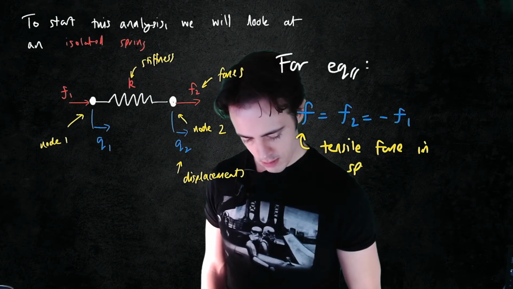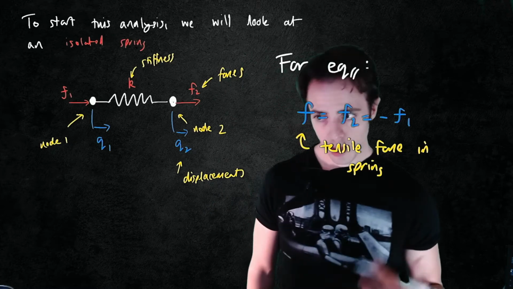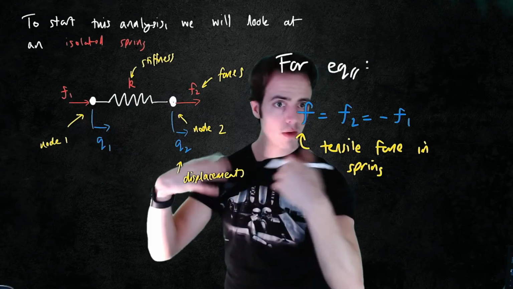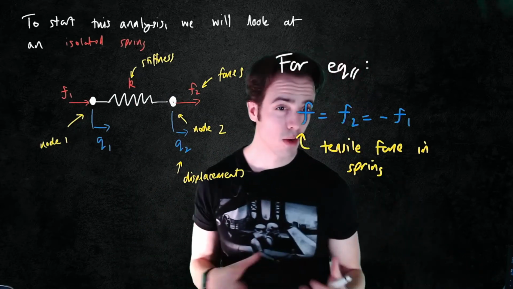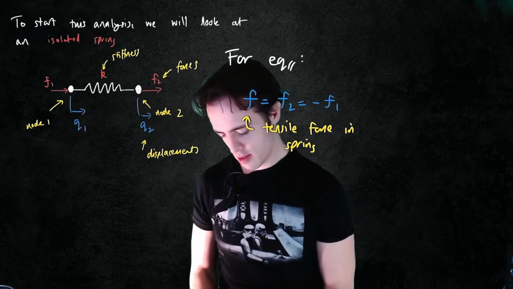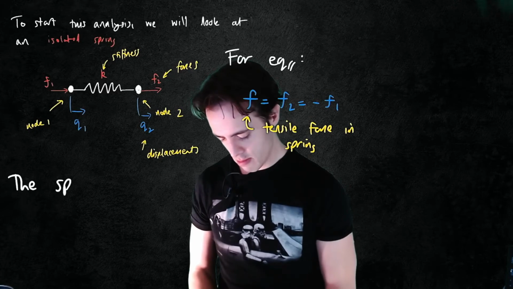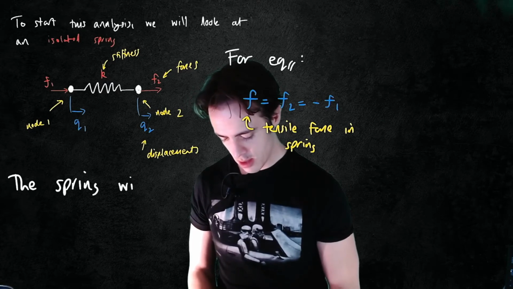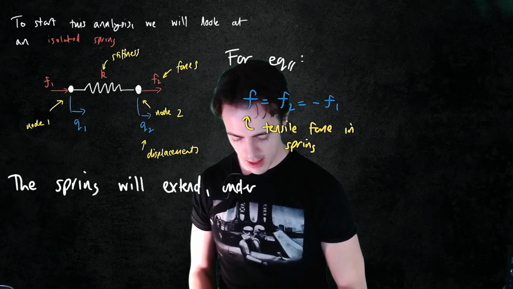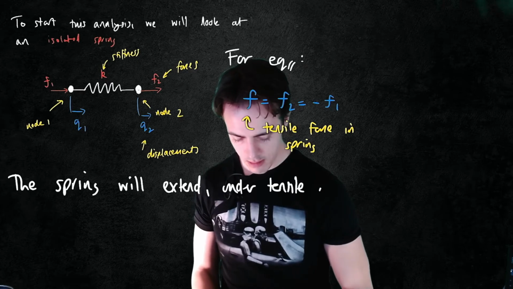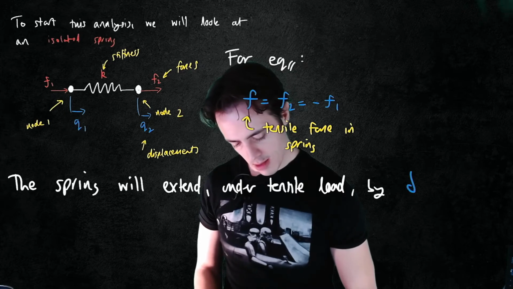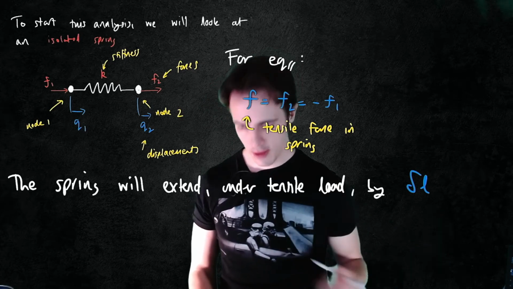We can also recognize that the spring under a positive tensile force is going to extend, and we generally call this extension by a delta, or sometimes delta L. Let's call it delta L. So we'll say the spring will extend under tensile load by delta L. Delta L is the change in length.